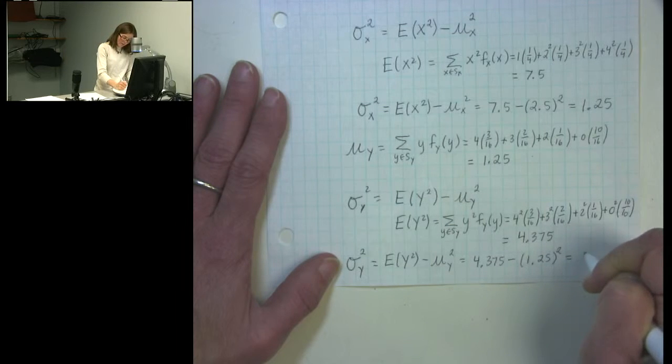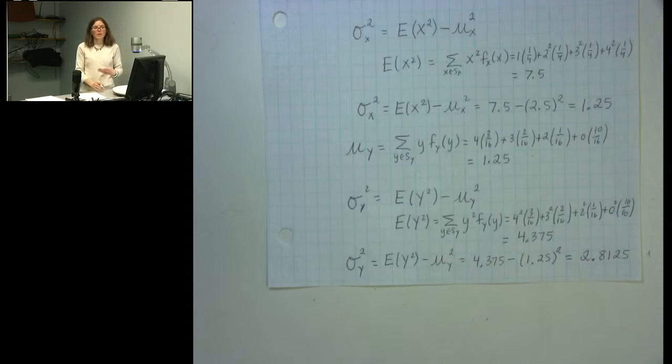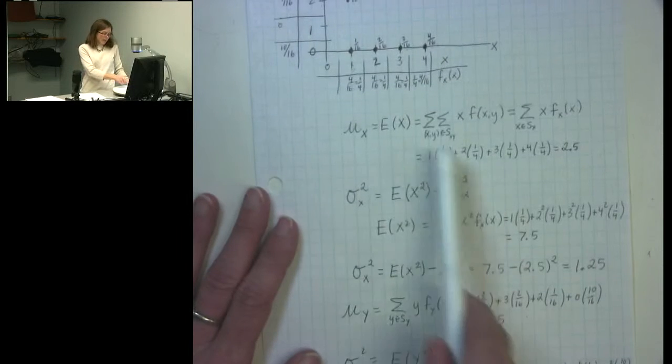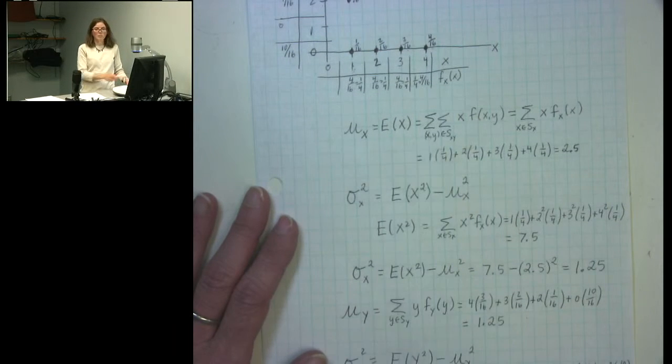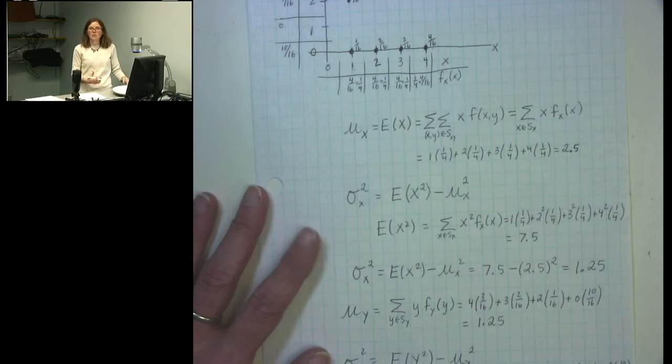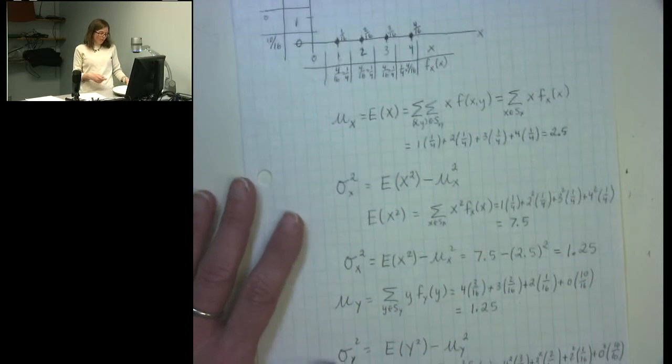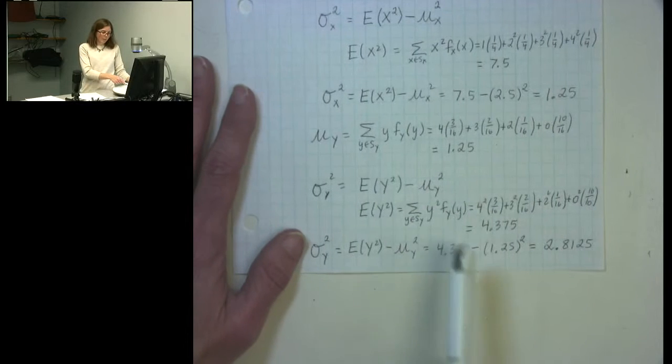It gives me a variance of 2.8125. So that's how I can find the means and variances of the marginal distributions. Now, as I say, we could do all of these things by summing over all the xy pairs, but when we have the marginal distributions, it's much easier, with a lot fewer terms to add up, if we use the marginal distribution.